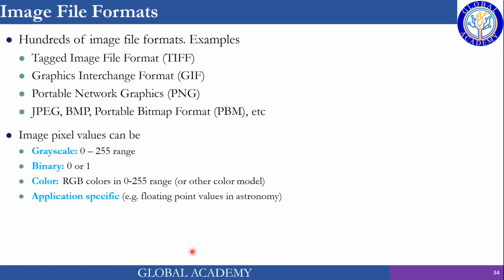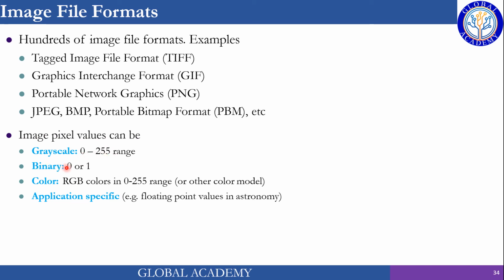Image file formats, there are definitely hundreds of formats, but the most common formats are the Tagged Image File Format or TIFF, and similarly GIF or PNG and JPEG, BMP, the portable bitmap format PBM, etc. And image pixel values can be in grayscale, which could be 0 to 255.